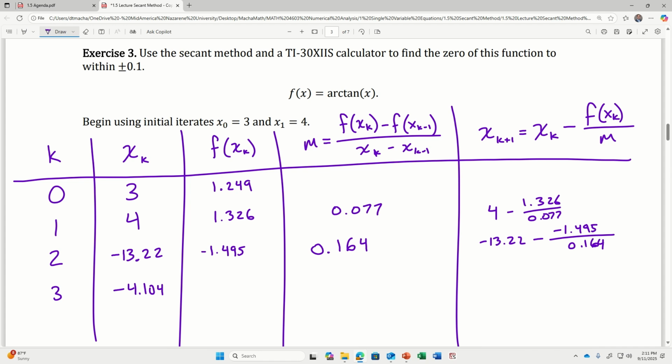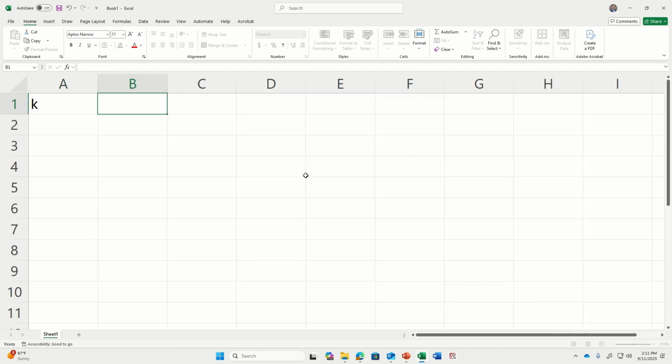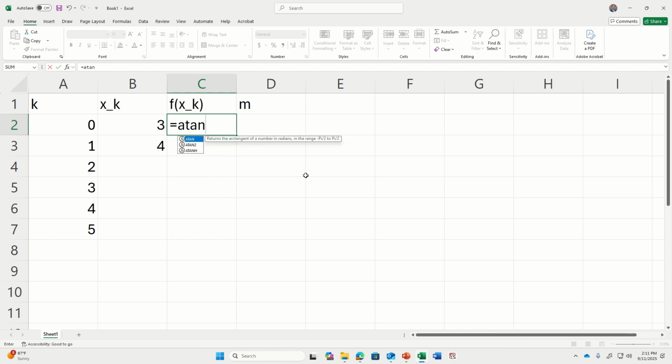I just remembered I can use Excel to do this too. So let's try that. And maybe this goes by a little bit quicker. So here's my iterates: 0, 1, 2, 3, 4, 5, and so on. The x values we're starting with are 3 and 4. My function is the arctangent function.